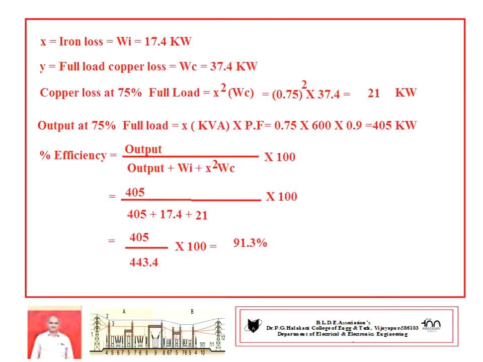And calculate output at 75% full load. Again x into kVA into power factor, it becomes 405 kilowatt. So percentage efficiency equals output divided by output plus Wi plus x square times of Wc, into 100. Wi is 17.4, x square times of Wc is 21, calculate. We are going to get around 91.3%.